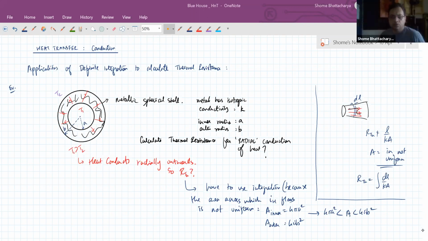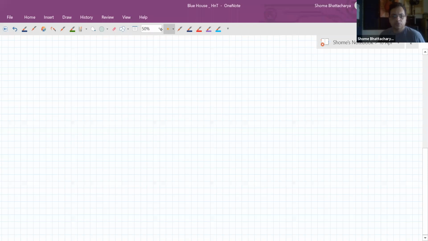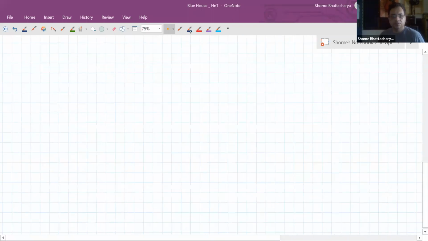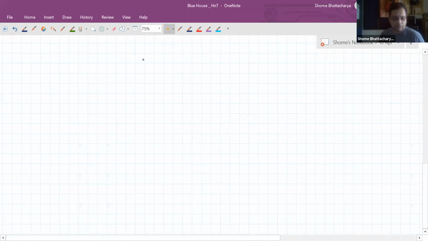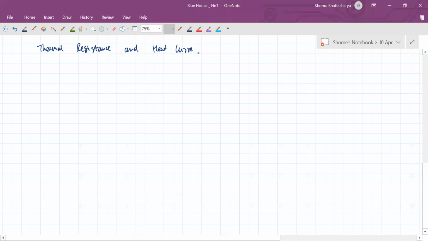Okay, so let's go over this concept once more. First of all, let's go over the concept of thermal resistance and heat current. So we will come back to this integration example.